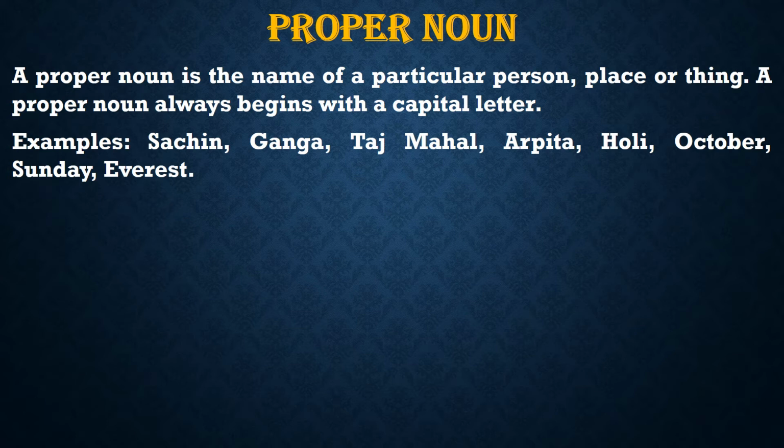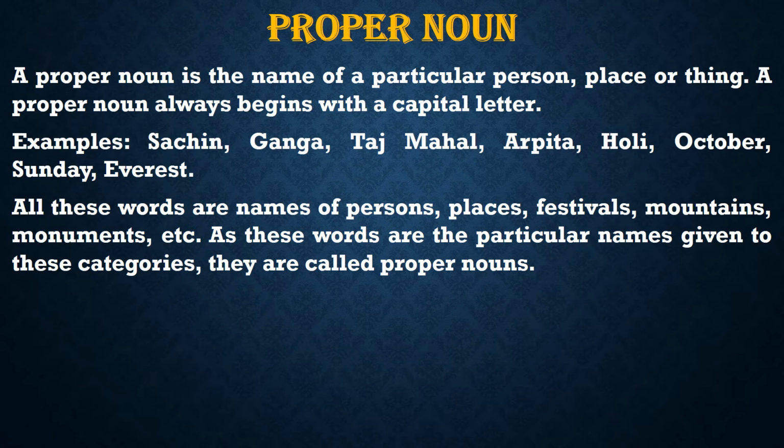Holi is the name of a particular festival. So all these words are names of persons, places, festivals, mountains, monuments, etc. As these words are the particular names given to these categories, they are called proper nouns. We are giving them particular names in the different categories, so that's why they are proper nouns, and they are starting with a capital letter.